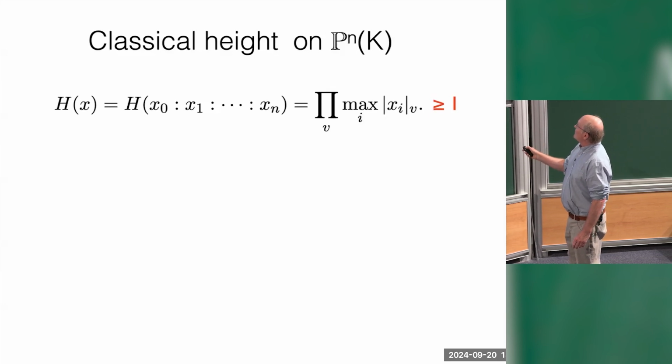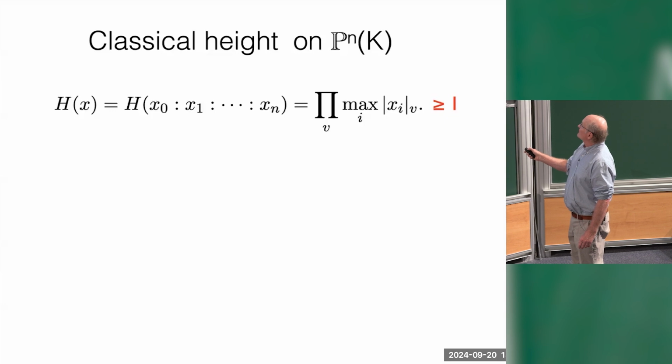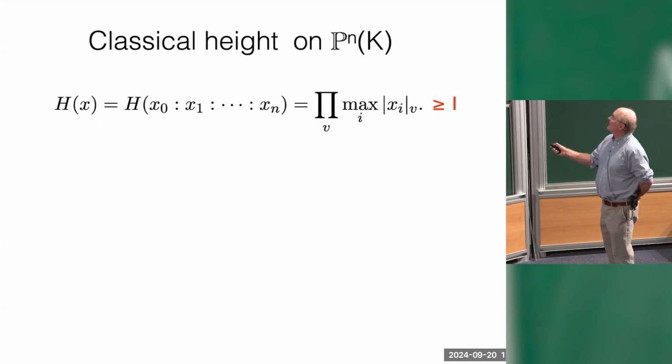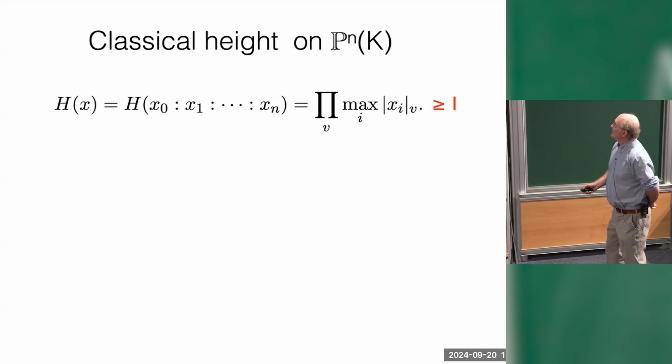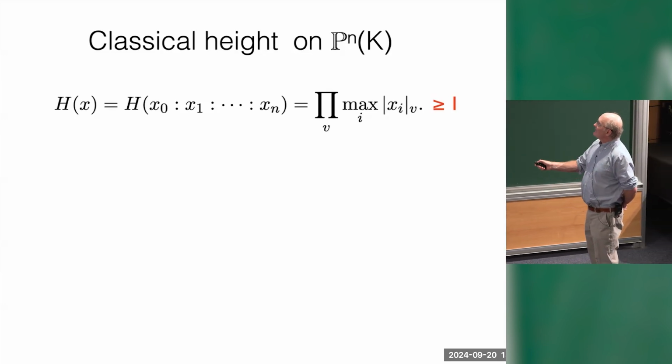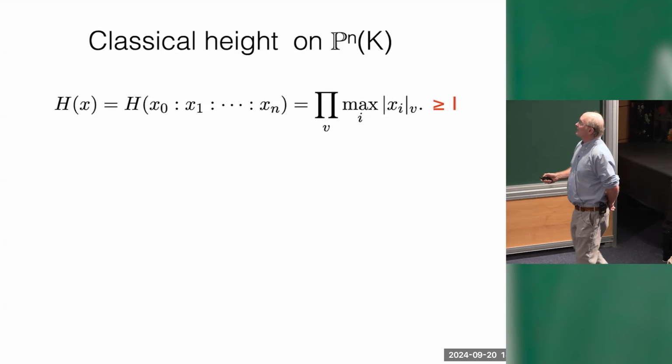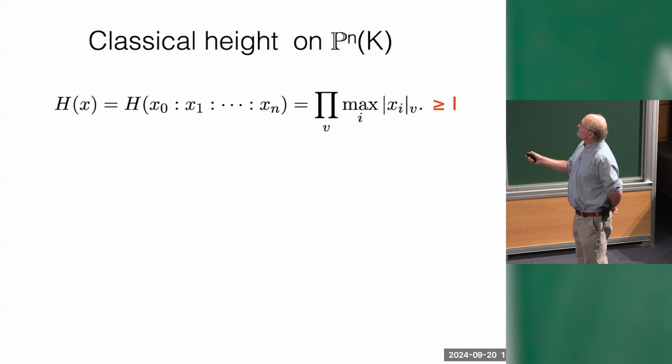And then you take the product over all the places of your field, including the finite places, of the maximum of each coordinate with respect to the given place, the given valuation. And this product is always greater than or equal to 1 by the product formula. And even more, this product doesn't depend on the choice of these representatives.